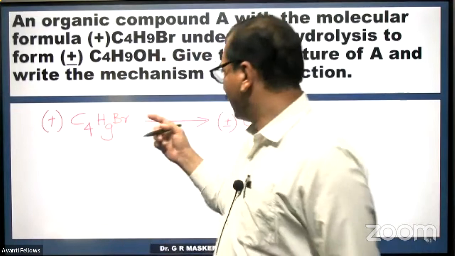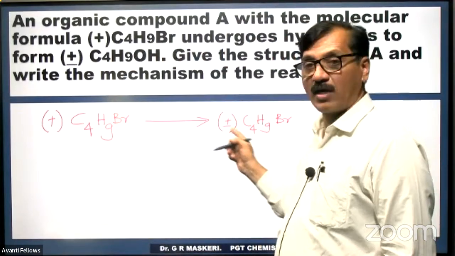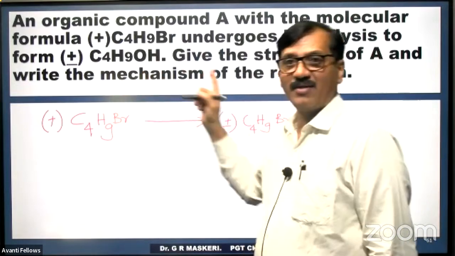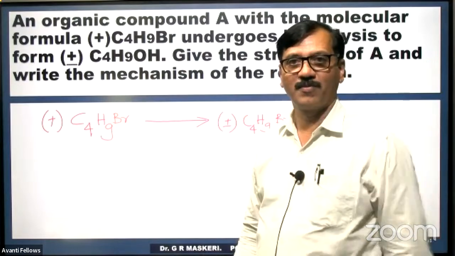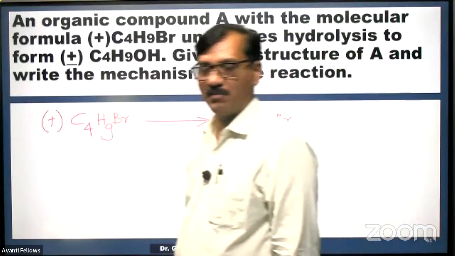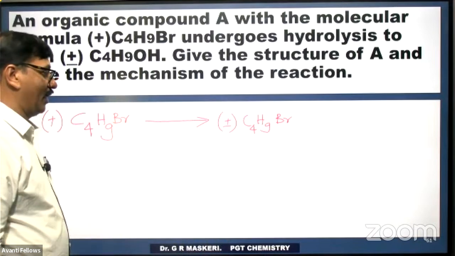That means racemization occurred. If racemization occurred, the compound follows inversion in configuration and retention in configuration, both. In which mechanism does this occur? It occurs in the SN1 mechanism. So while writing the mechanism, we have to follow the SN1 mechanism.